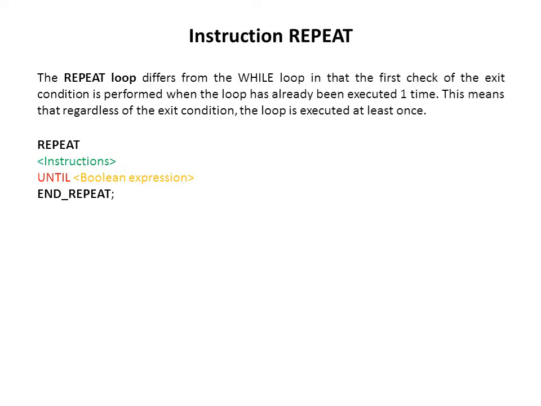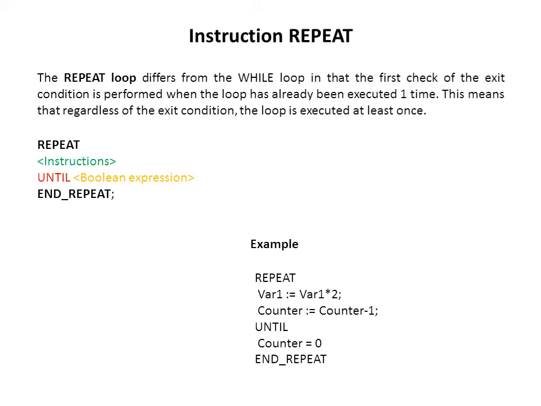So the programmer must be sure that the loop won't become infinite. To do this, the value of the variable included in the condition must change in the loop body, for example, by incrementing or decrementing the counters. So this is the example. How can we use it in our ST program?